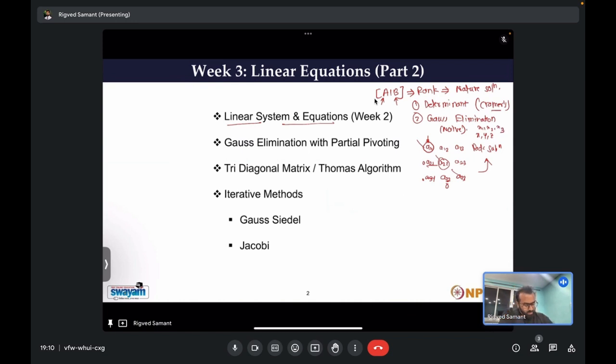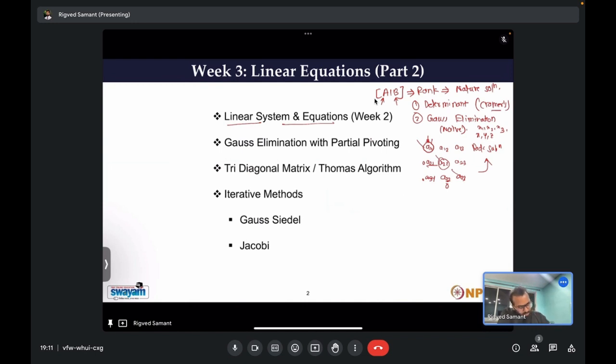This is the basic procedure of Gauss elimination, where we just made the zeros without checking what the values of the pivot elements are. We just went with the procedure.